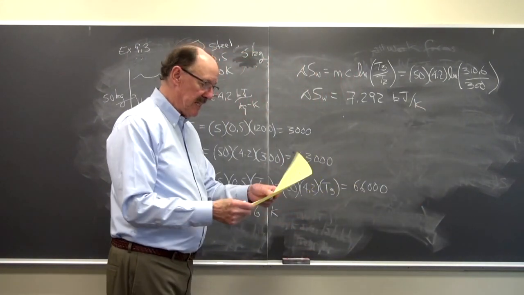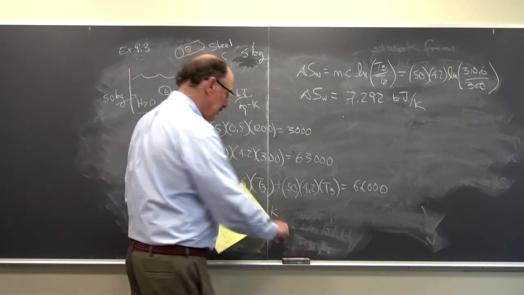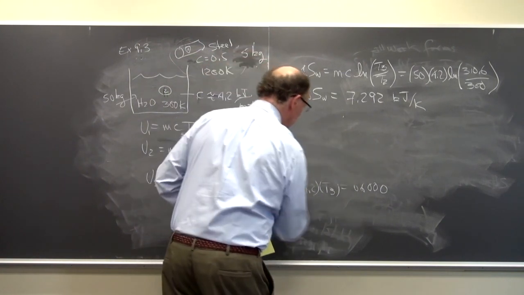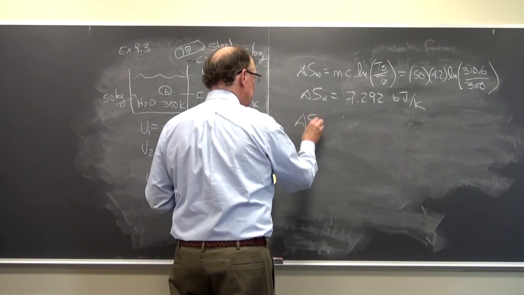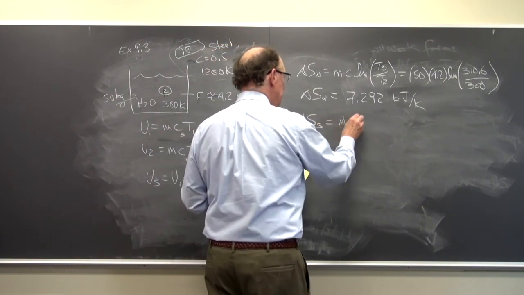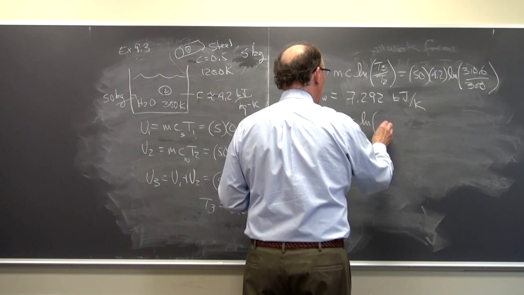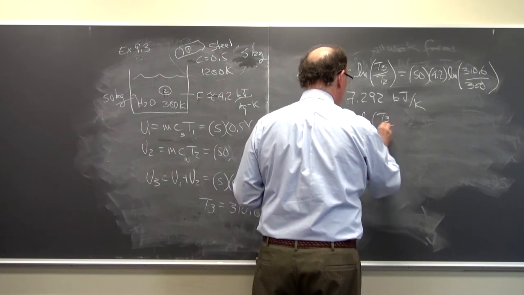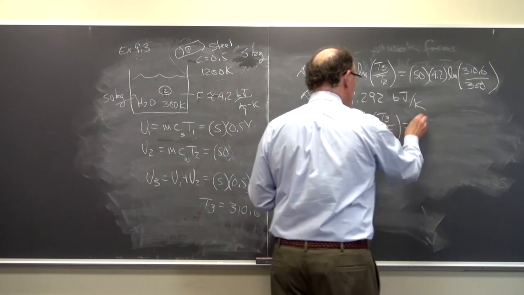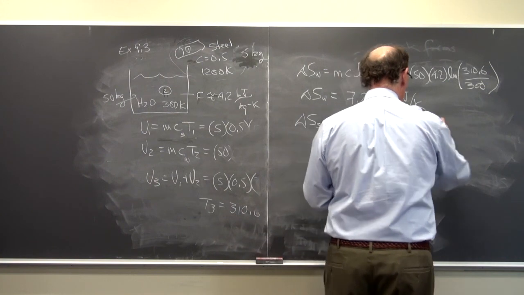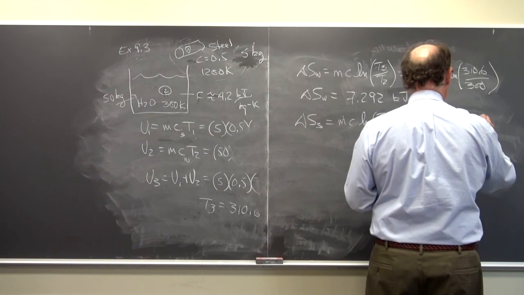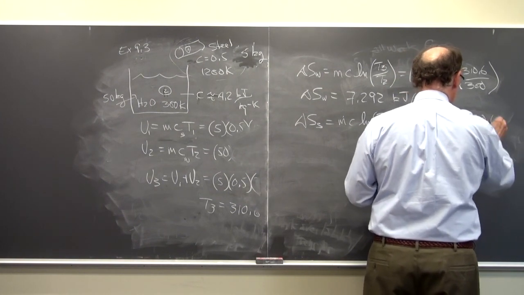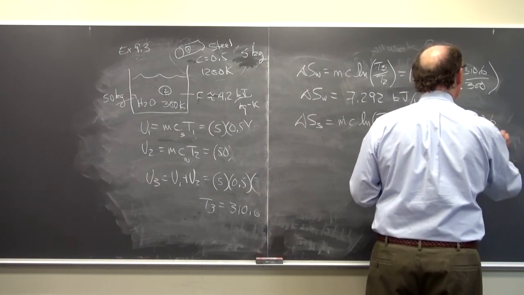I'm going to do the same thing for the steel. Del S of the steel is equal to mC log of T3 over T1, which is 5 times 0.5 times the log of 310.6 over 1200.